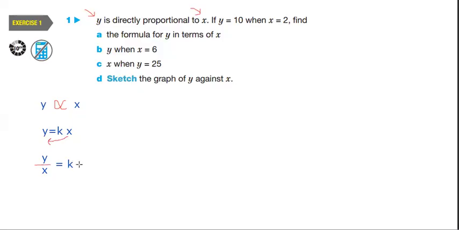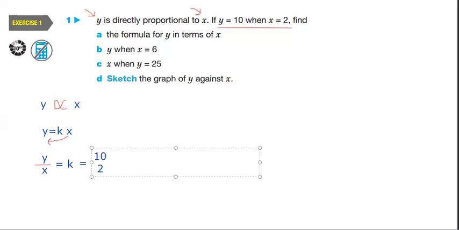This means to find K, the constant of proportionality, I have to divide the Y by the X. And the Y and the X are given in the question here. So Y is 10, X is 2. This means K equals 10 divided by 2.